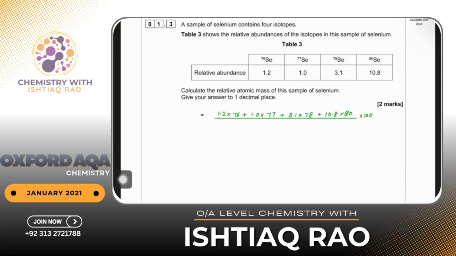Wait, I'll have to calculate 1.2 times 76 plus 1 times 77, that's 16.1 plus 27. I was doing the entire thing. So 79.1, yes, to one decimal place.